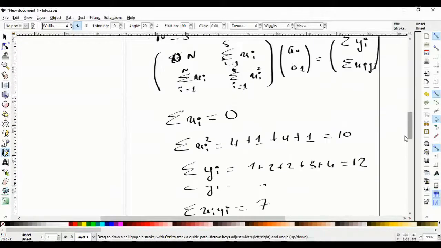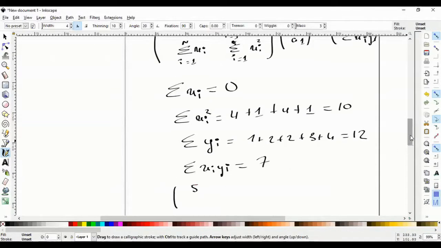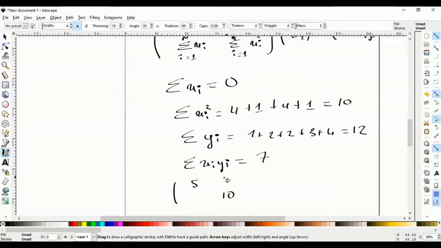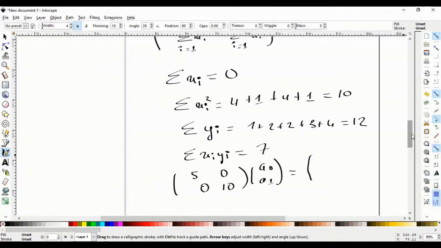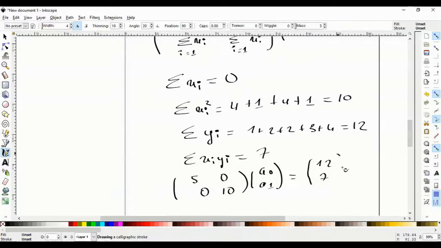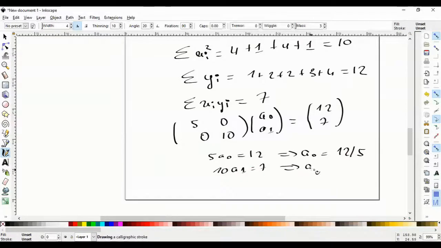Okay, so I have now the following system of equations: 5, for xi square I have 10, 0, 0, times a0 a1, equals 12 and 7. So I have that 5a0 equals 12, a0 is equal to 12 over 5, and 10a1 is 7, so a1 is equal to 7 over 10.